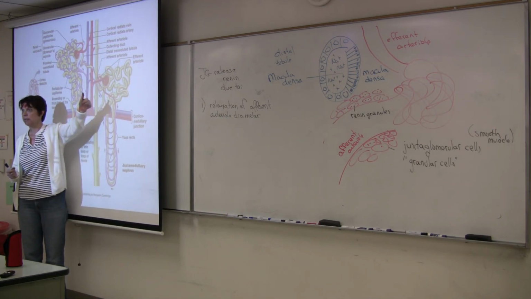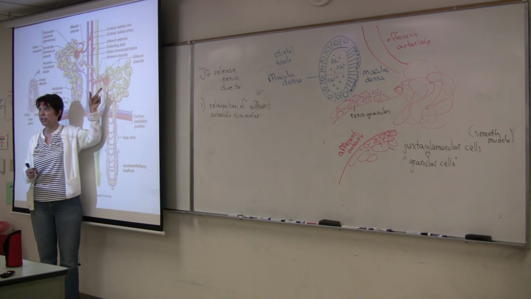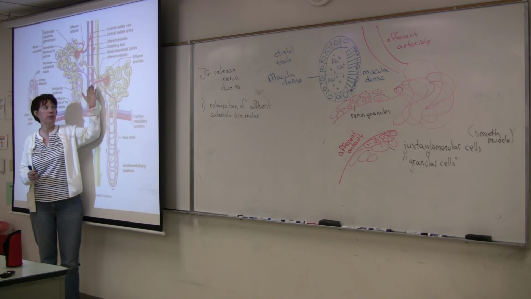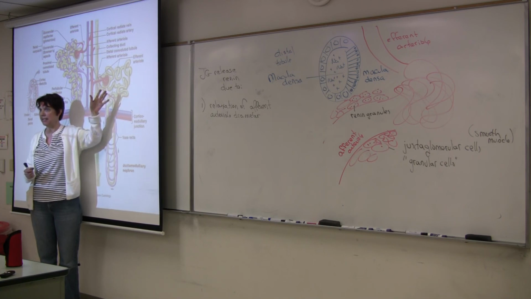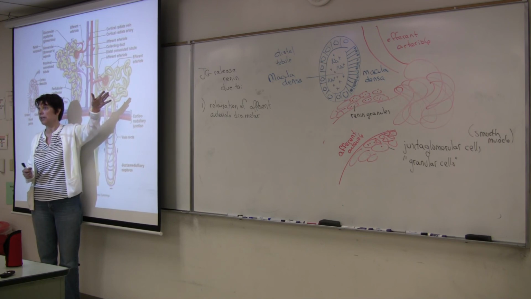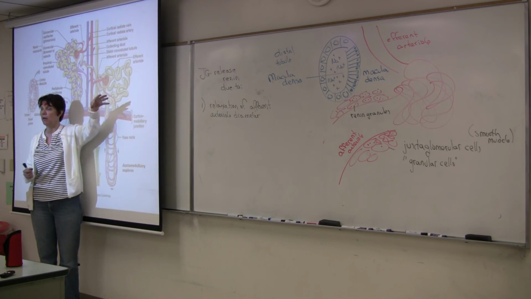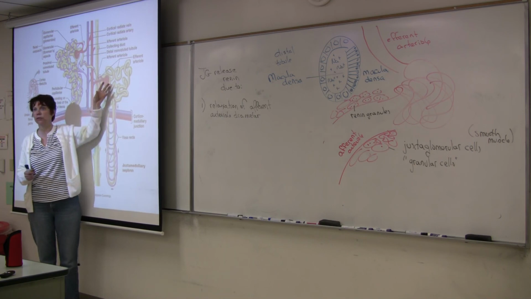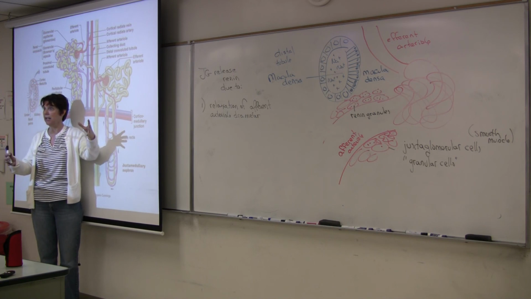Is it going to increase the rate or decrease the rate? So if filtration pressure is high, and we're pushing lots of fluid into our capsular space, and that fluid then goes into the proximal convoluted tubule, is it going to flow through at a faster rate or slower rate than if our filtration was decreased? At a faster rate, okay?